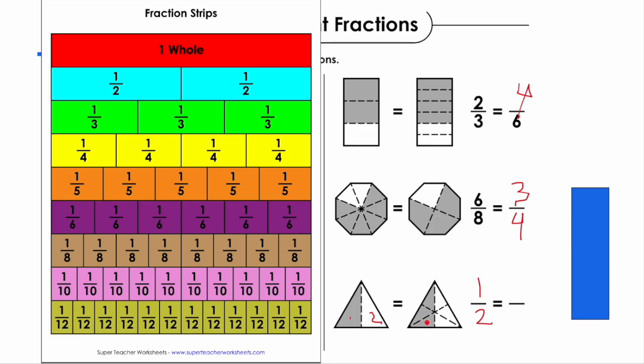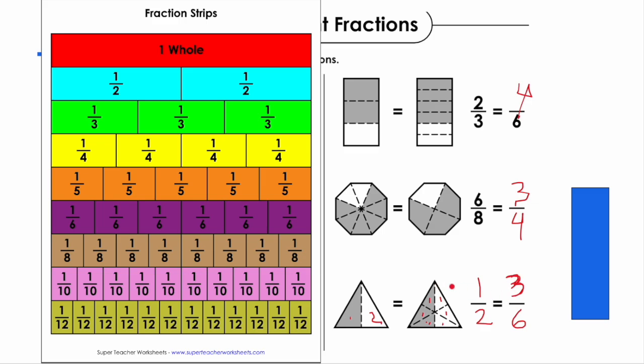All right, now we're going to our second triangle, which, what is our denominator? The lower number, the bottom number, how many pieces we have? We have 1, 2, 3, 4, 5, 6 pieces. Boom. How many are shaded? 1, 2, 3. 1/2 is equal to 3 sixes.